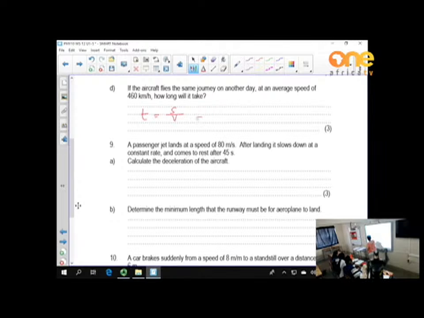Now the distance that it traveled, we got that from the previous question, was how far? Just hang on. What was the distance? 735. Okay, and the speed is 460.